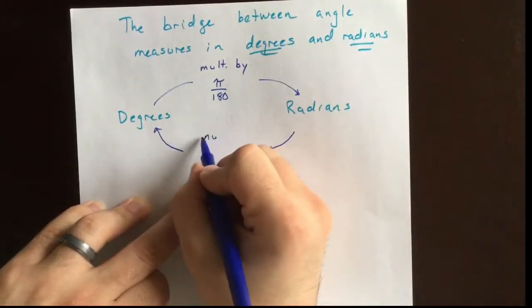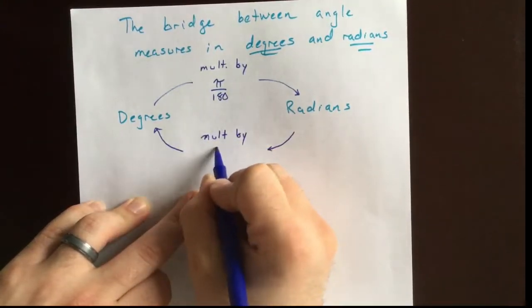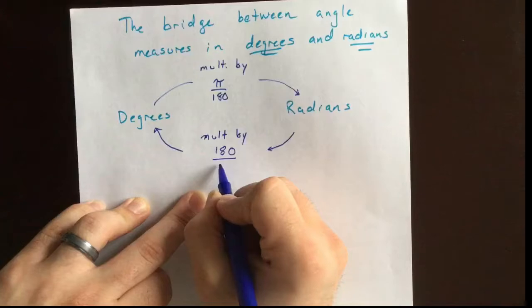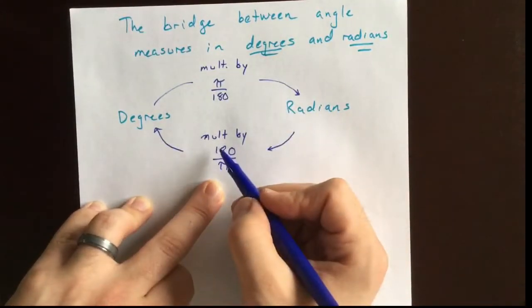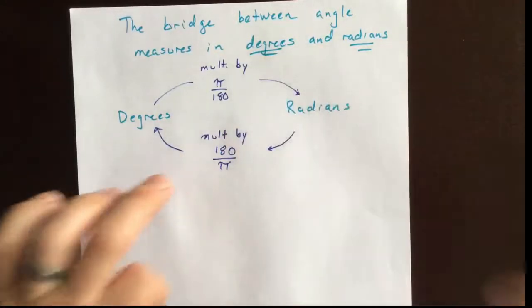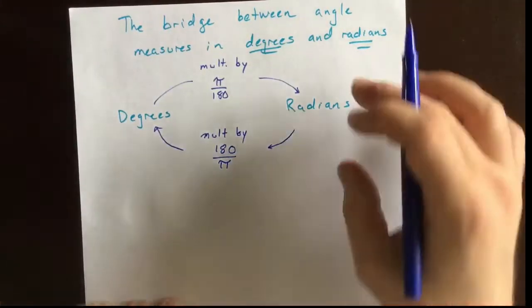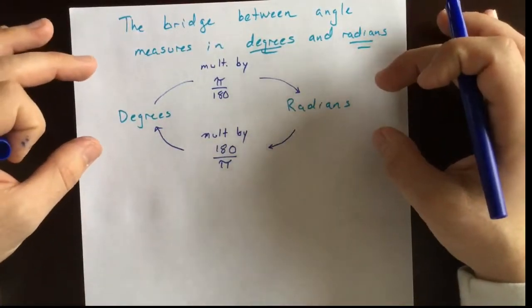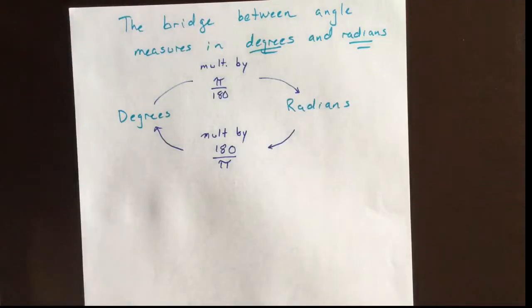Well, here we multiply by 180 divided by pi. So what we get as a result is our angle measure in degrees now. This is going to be a great visual for us to memorize and keep hold of as we go throughout this whole chapter, because this is going to be used with trigonometry.